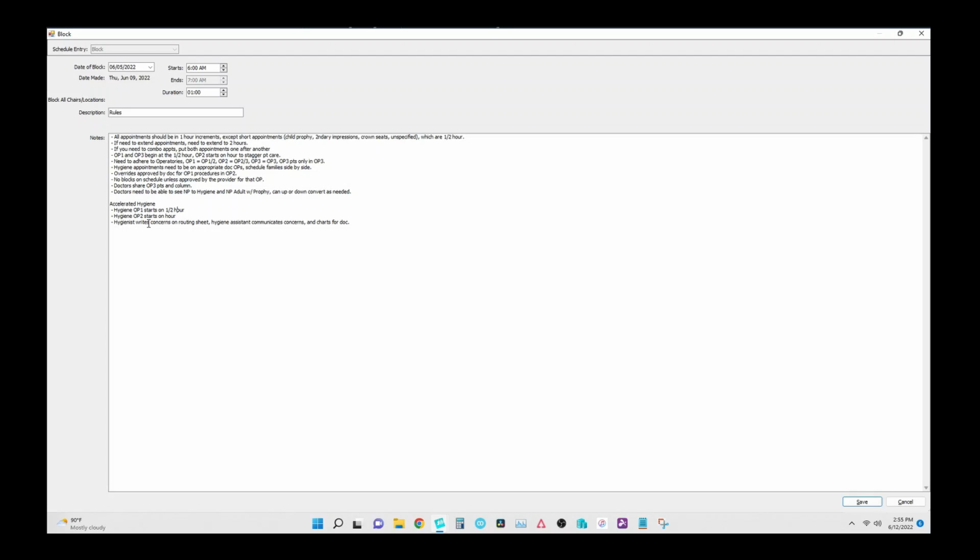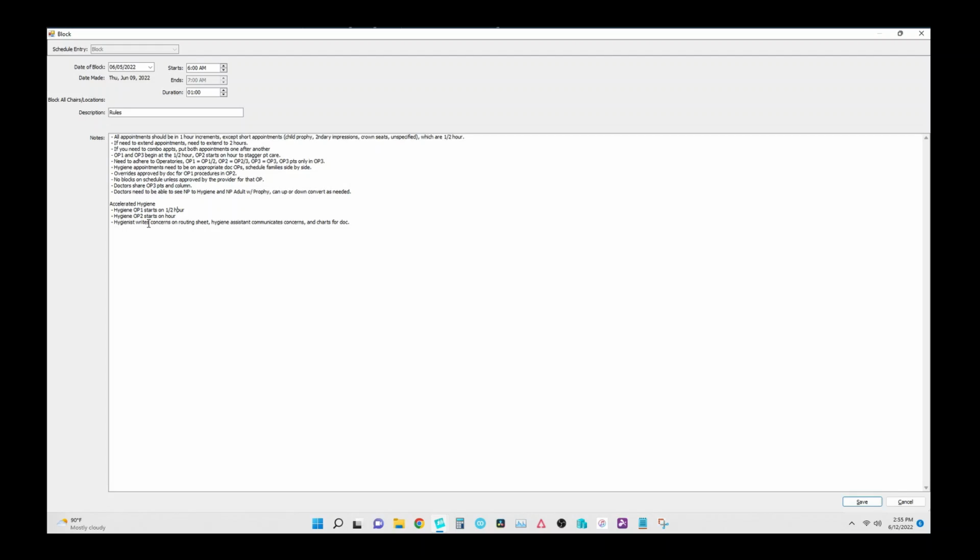And the hygienist assistant, because the hygienist is in the other operatory, will come and get the doctor and say, hey, hygienist is ready for a comp oral in their OP1 or OP2. And they had concerns on 12, 13, 14.